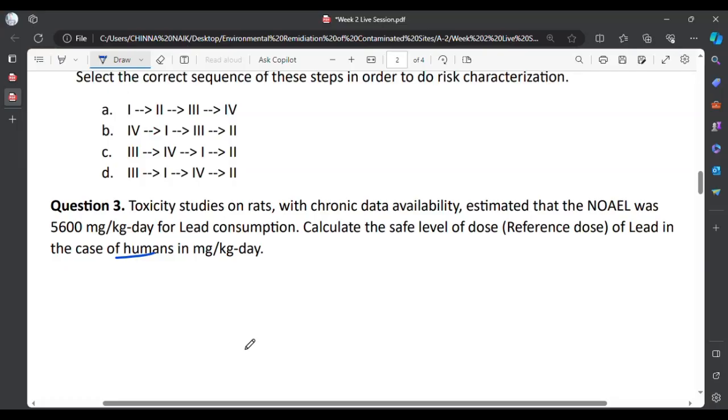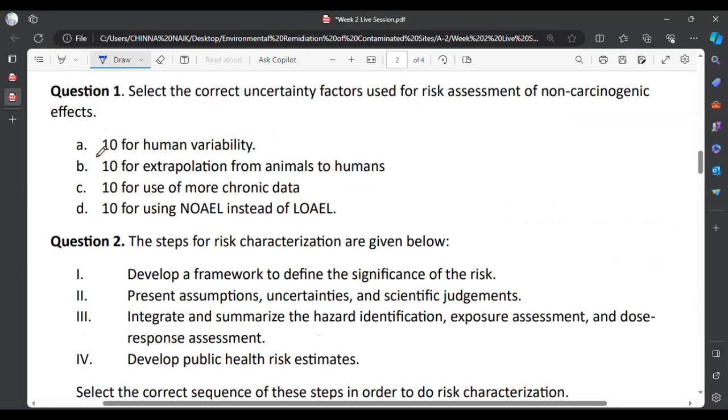That is one. Again, rats means animal, so for extrapolation from animal to human, this is also an uncertainty factor, because the toxicity study is on rats. So we have to consider two uncertainty factors, both 1 and 2. Now what will be the uncertainty factor?